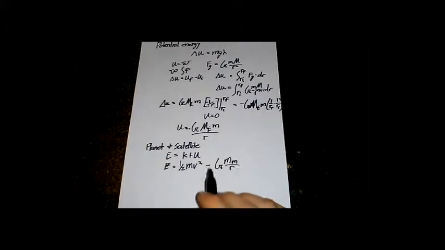So when the radius changes, the velocity has to change accordingly to keep the energy the same, which means you can figure out what the change in velocity is when the satellite drops to a new orbit. That's all I had to say about that. Okay, well, let's move on to escape velocity then.